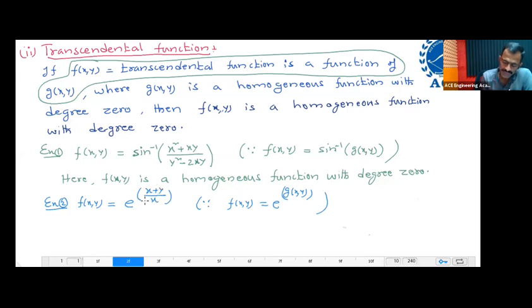Again, this g of x comma y is an algebraic function. So check whether the algebraic function is homogeneous or not. X power is 1, y power is 1, here x power is 1. The numerator is a homogeneous function with the degree 1. The denominator is a homogeneous function with the degree 1. So 1 minus 1 is 0. This inner function g of x comma y is a homogeneous function with the degree 0. Therefore, the exponential function is a homogeneous function with the degree 0.